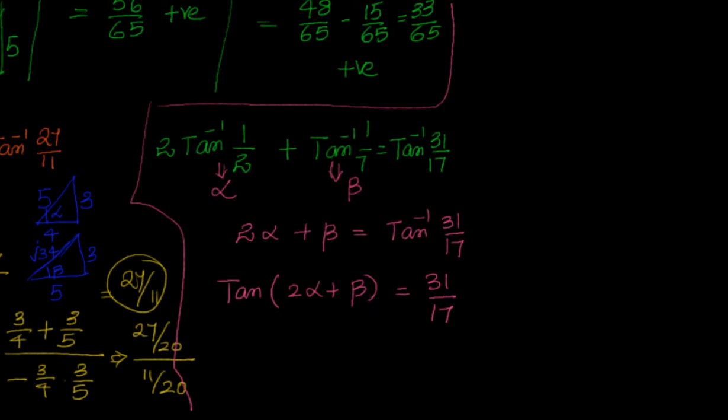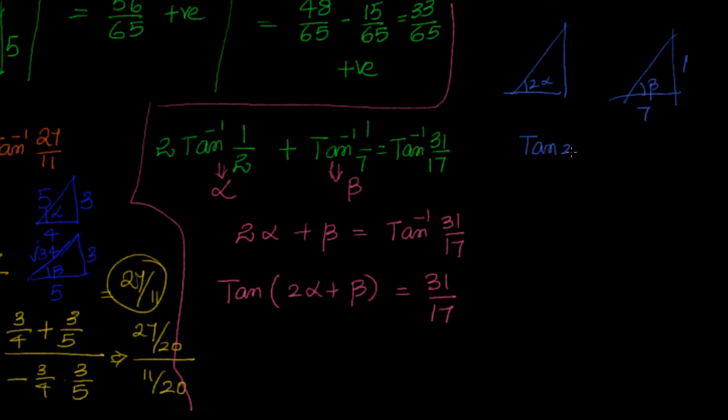Now let's go for the trigonometric Pythagoras of these two. One is 2 alpha, one is beta. If I take beta, tan beta is 1 by 7. So it's straightforward. For 2 alpha, I have to calculate that.